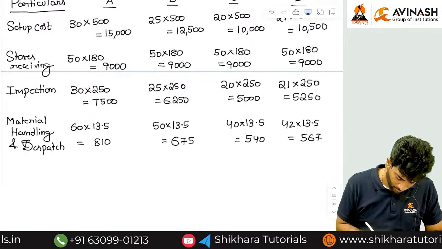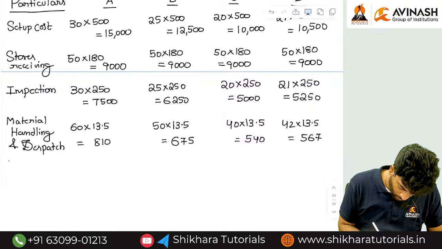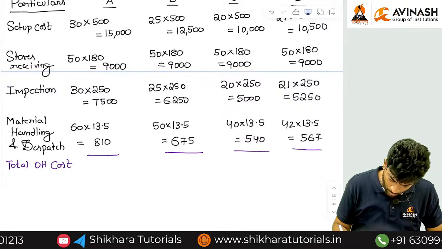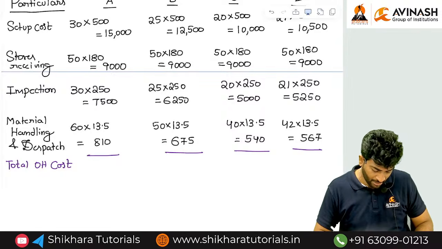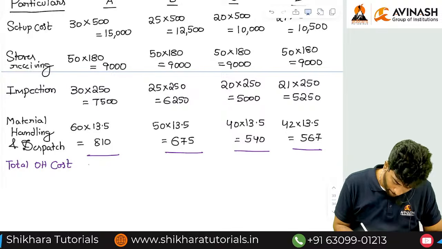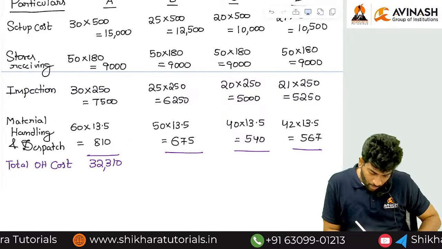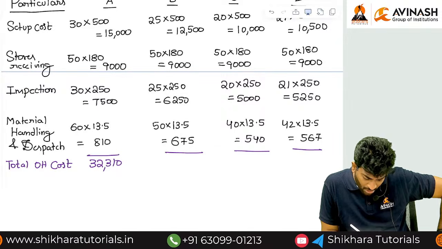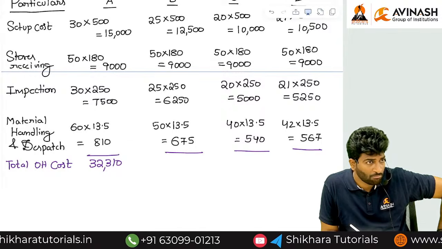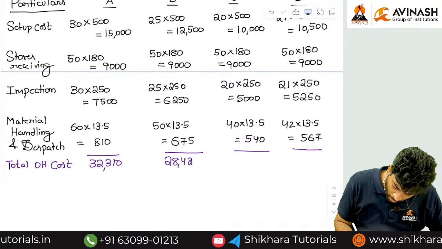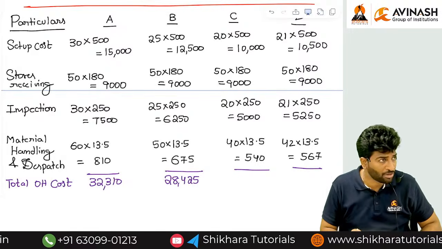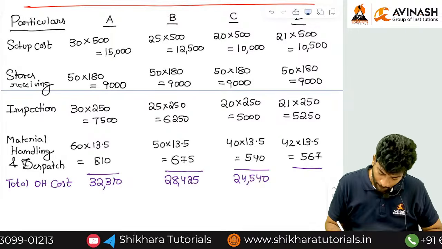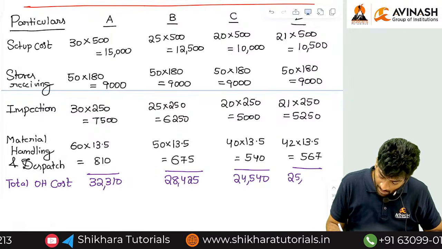I think you can make a total. 15, 9, 24, 31,500, 32,310, 12,5, 9, 21,500, 27,500, 27,750, 28,425, 19, 24, 24,540, 20, 25,000, 3,317.